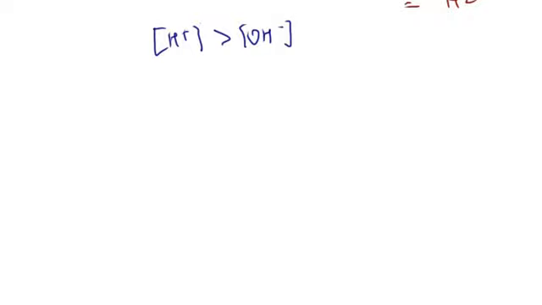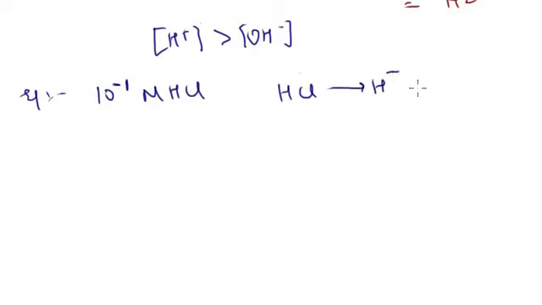Now let's talk about strong acid concentration. Let's start with some examples. Say you are given 10 to the power negative 1 molar HCl. You have to calculate its pH. We know HCl will dissolve into H plus and Cl negative.